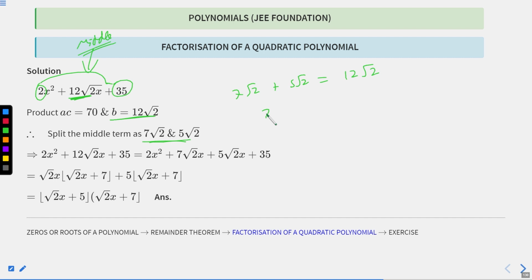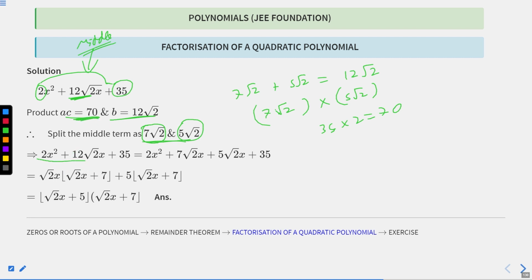And if you multiply 7 root 2 with 5 root 2, you get 35 times 2, which equals 70. So the hidden thing is that the product of these two is equal to the product of a and c. I hope you can easily see this.